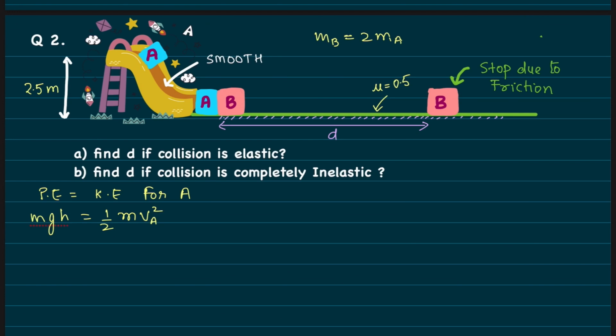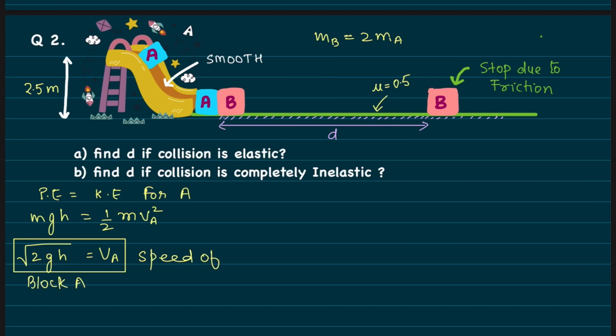The mass term cancels. What you will get? Va equals square root of 2gh. That is the speed of block A at the ground.